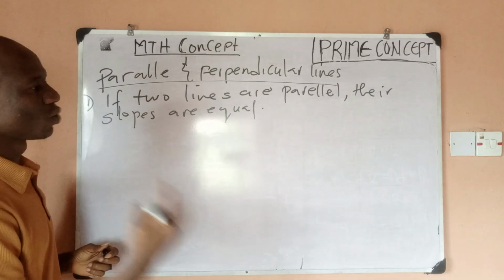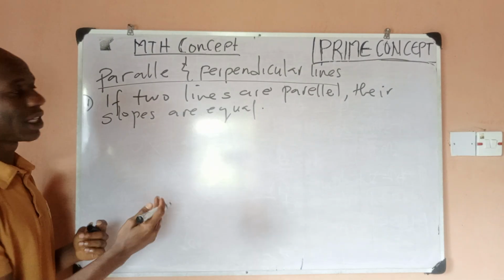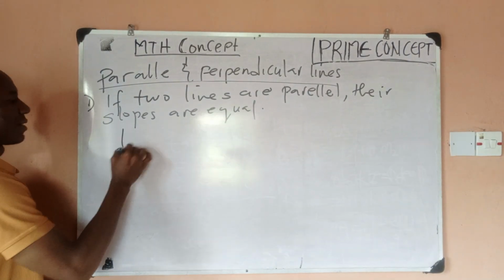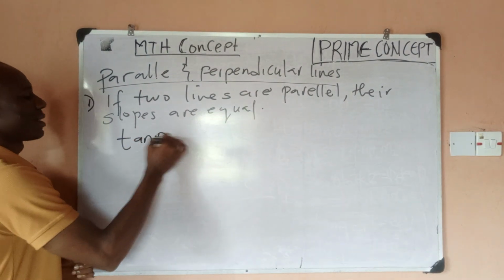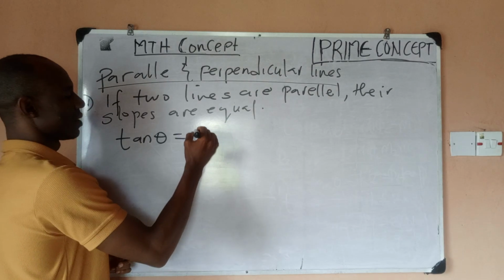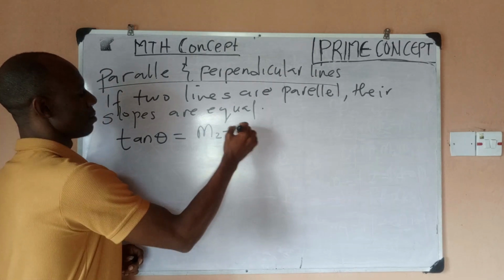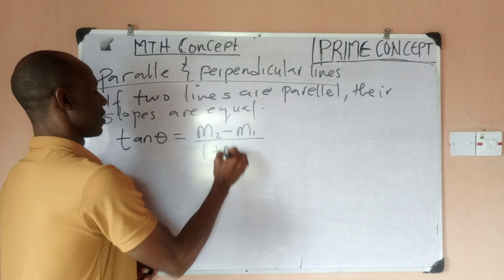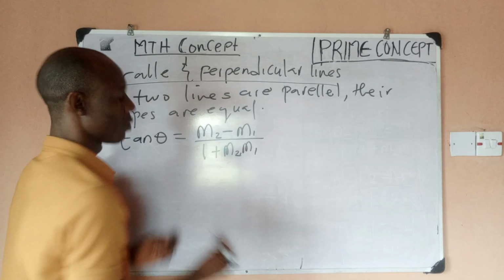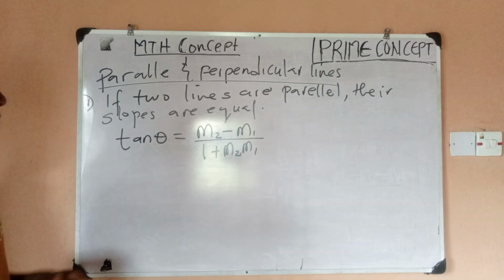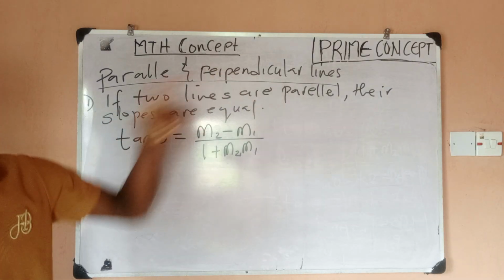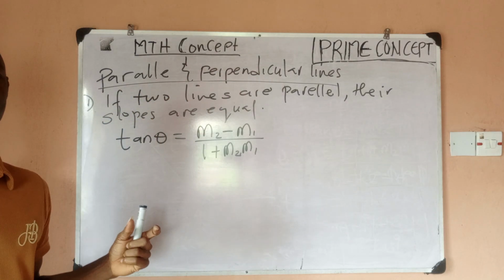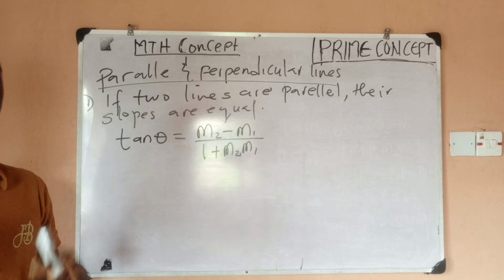Now, from the formula we generated in our previous video, we were able to arrive at tan theta equals m2 minus m1, all divided by 1 plus m2 m1. We derived this in our previous video. So if two lines are parallel, you know the angle between the two lines is going to be 0.